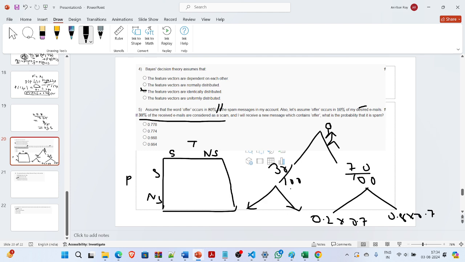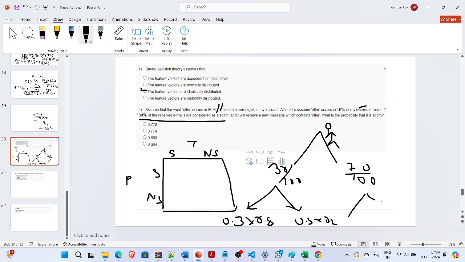Actually this is the spam one, so mistake actually. This is the spam. So here it is 0.3 into 0.8, spam and offer word. Here it is 0.3, 0.2, spam and not offer word.